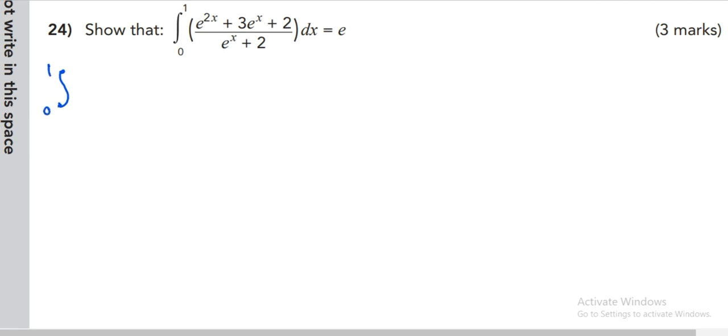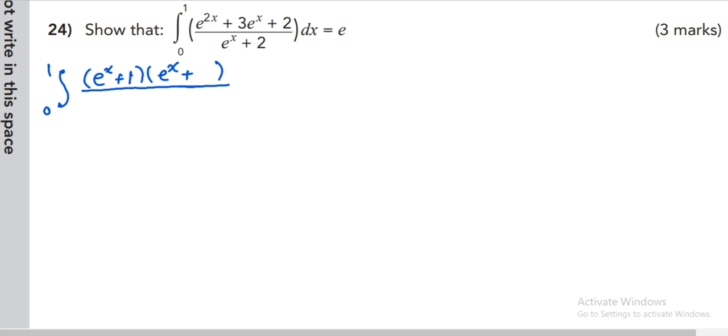Here, integration from 0 to 1, we will factorize the numerator. It will be e to the power of x, e to the power of x. Here this sign is positive, so the two signs will be similar, same as the middle sign. It will be plus plus. We have to find two numbers whose product equals 2 and whose summation equals 3.